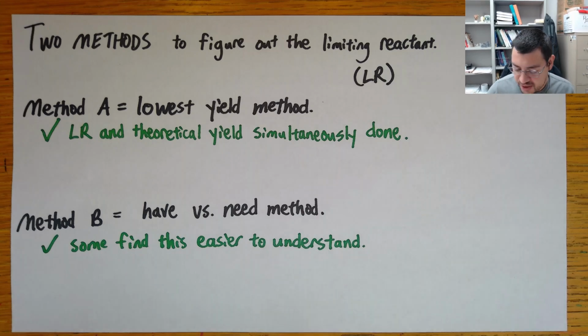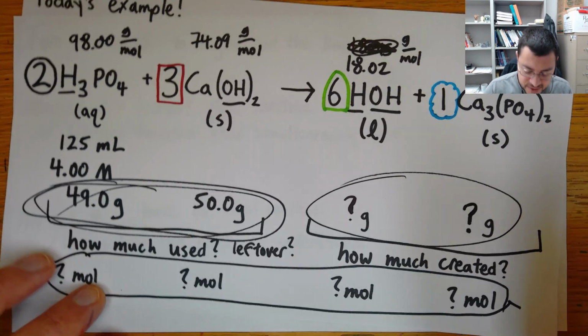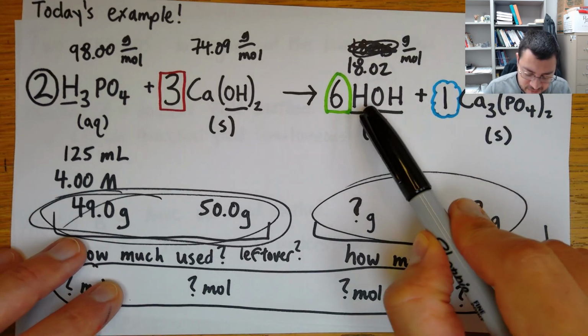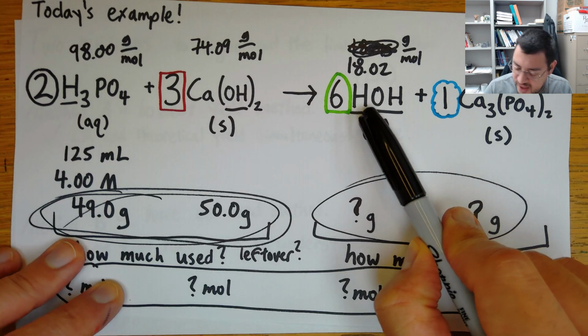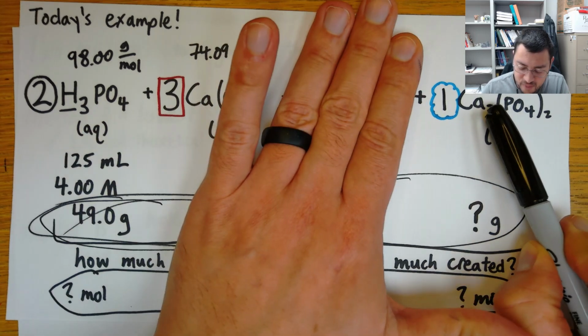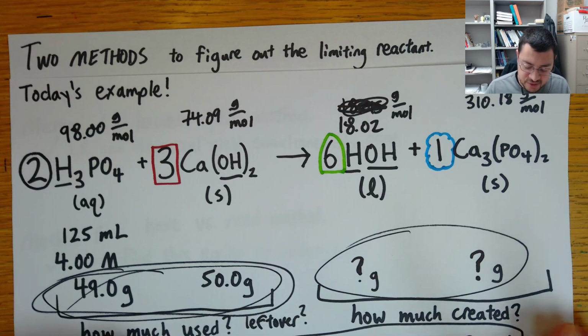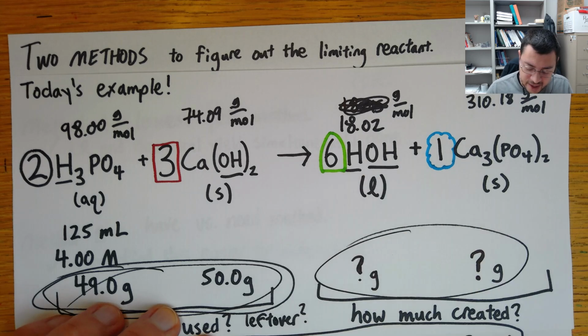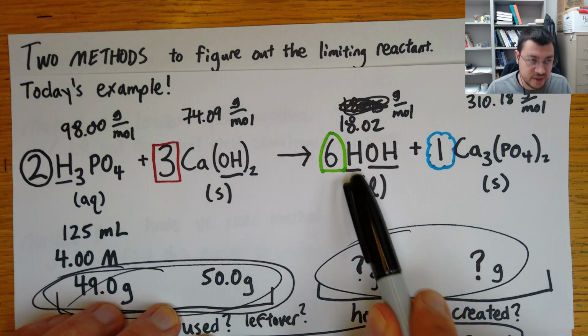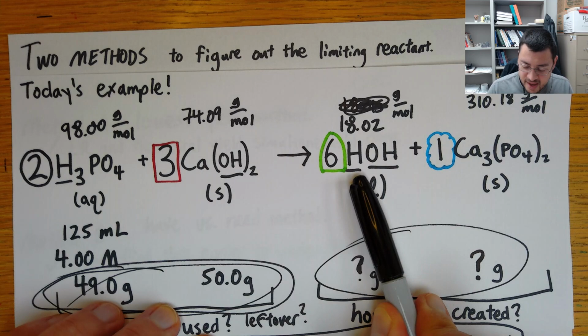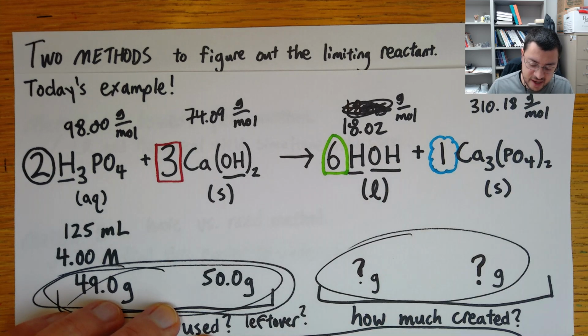If they ask you to do water specifically, you would do it for just water. If they ask you only calcium hydroxide, you wouldn't worry about water, you would just do calcium hydroxide. In this problem, I asked you to do both, so I like to work in the order of the first one listed, which is water, and then we'll do the calcium hydroxide second.